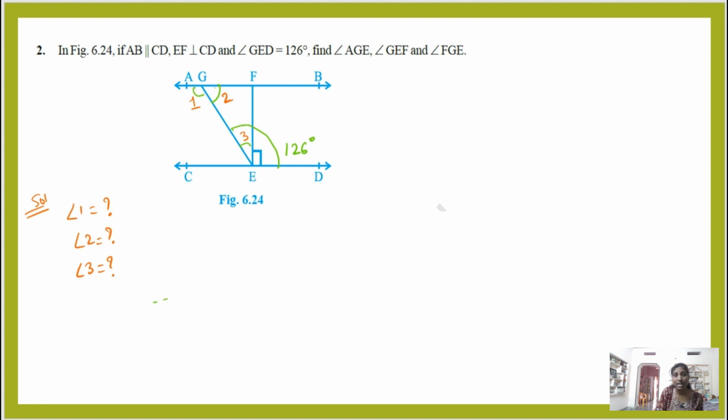How? Because it is given that angle GED is equal to 126 degrees. Angle GED is the combination of angle 3 plus angle FED.